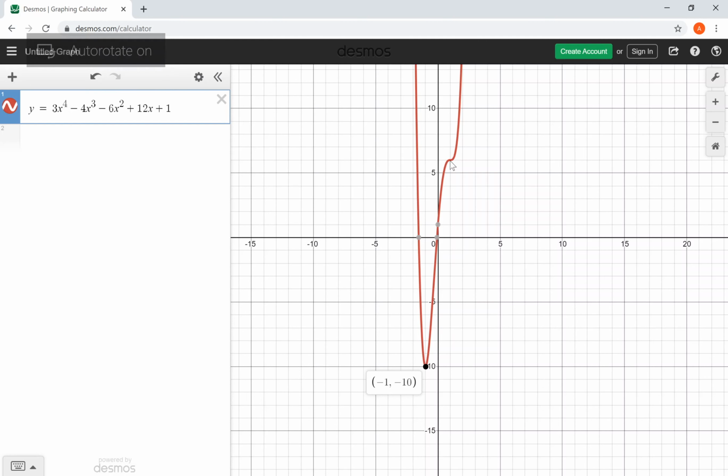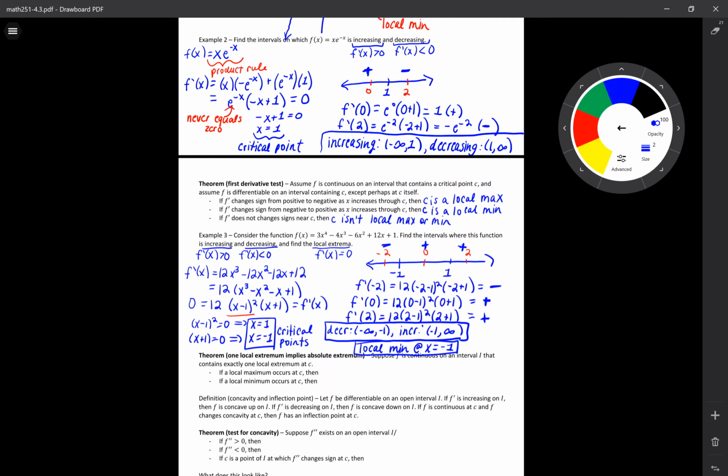All right, next we have another theorem. One local extremum implies absolute extremum.